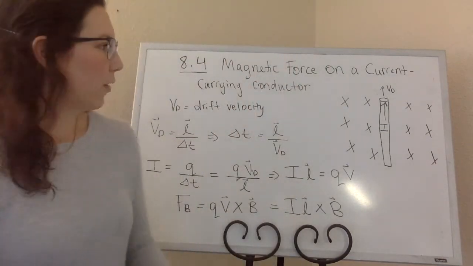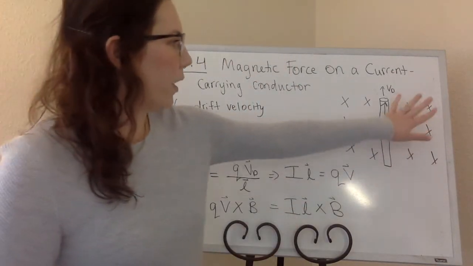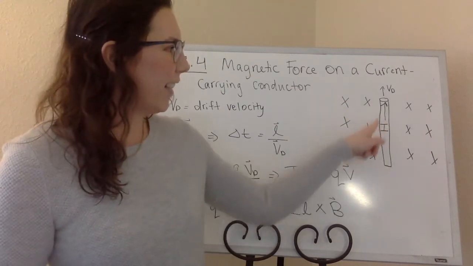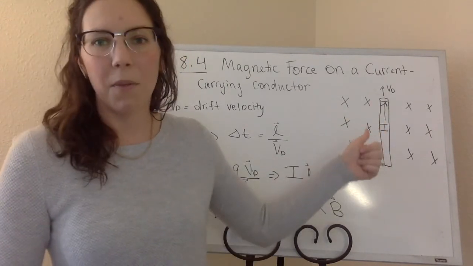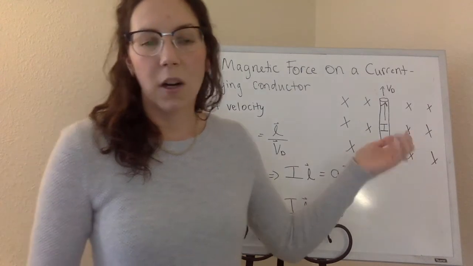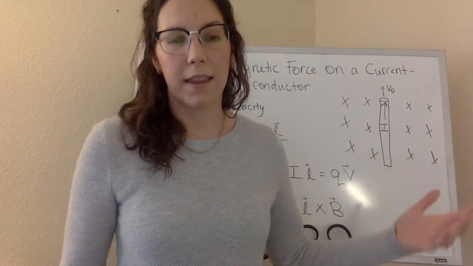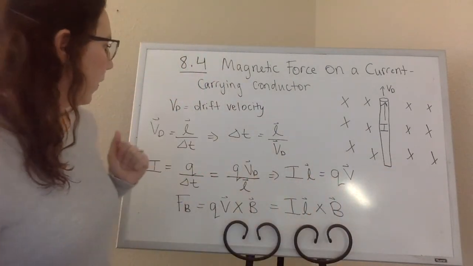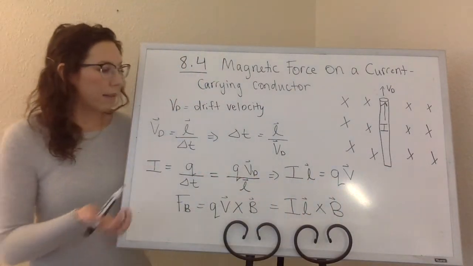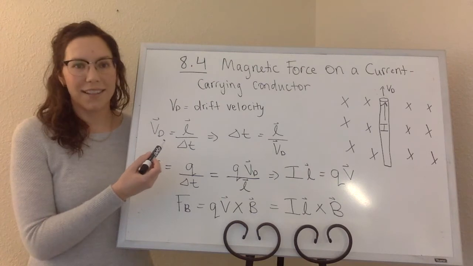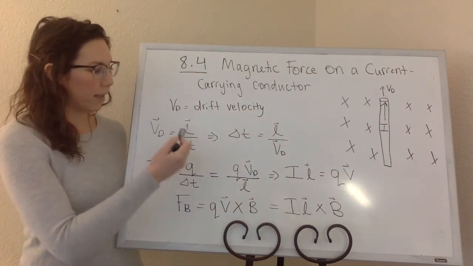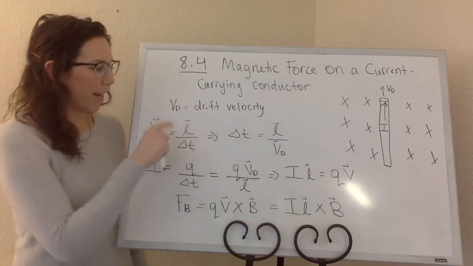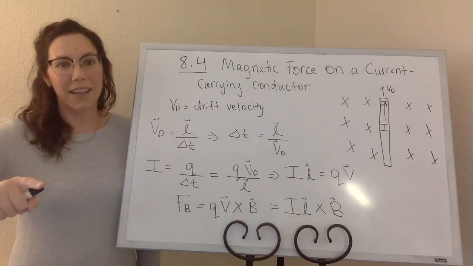Okay, so I've drawn an image here of a uniform magnetic field, I've just chosen into the page, and then we have a wire in that field with current sent up the wire, and the charges in that wire will move with a drift velocity Vd. Just using the constant velocity formula, that Vd equals displacement over time, we can define L. This L vector is the displacement along the length of the wire.